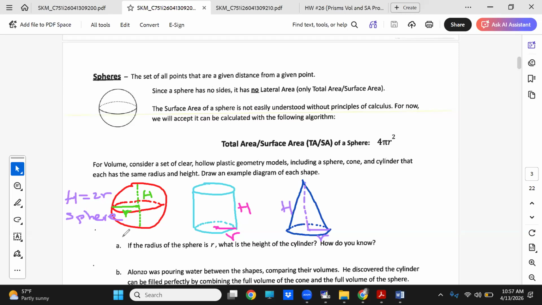Because the height from here to here, if that's the height of the sphere, is just the diameter of the sphere, which is twice the radius. So for a sphere, the height is twice the radius, because the height equals the diameter.